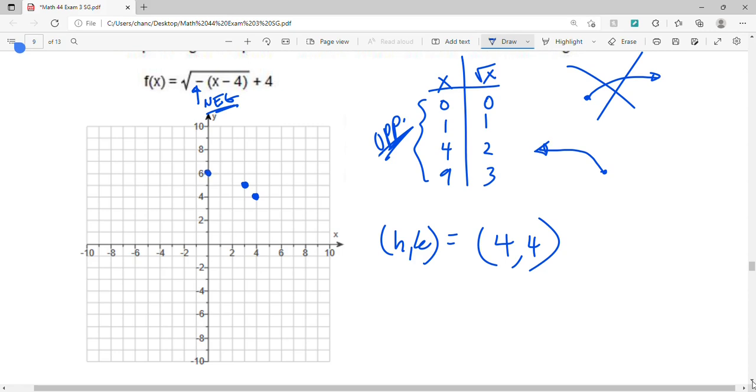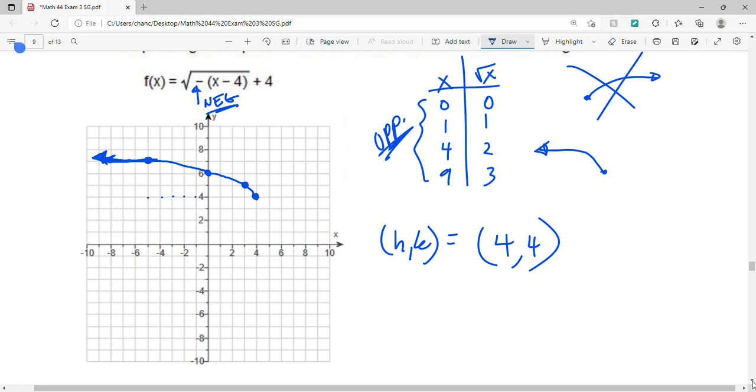And left 9, up 3. From the endpoint. Always restart at the endpoint. And we'll try our best to connect all the points in a smooth curve. And this should still have a slight rise. It doesn't flatten out.